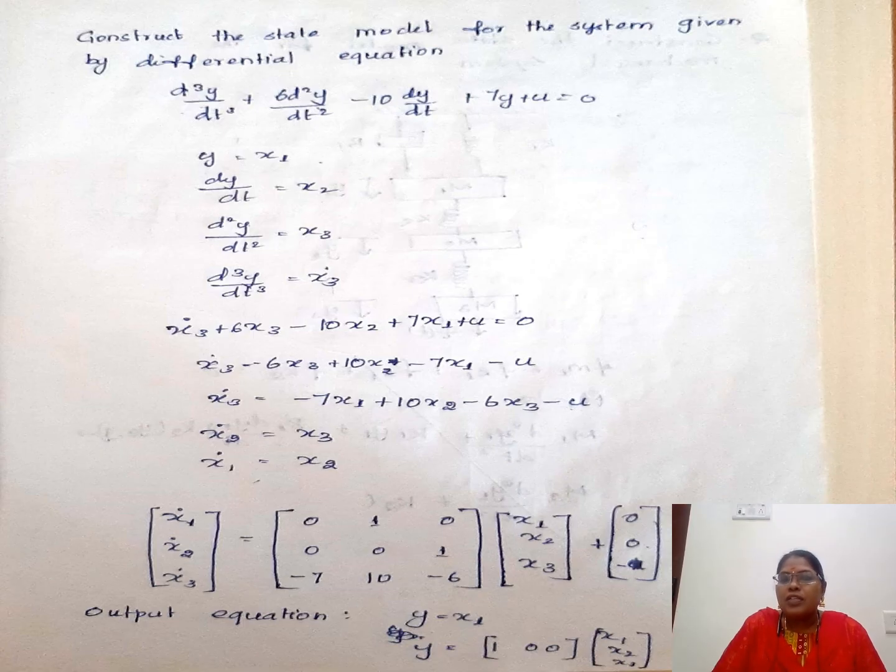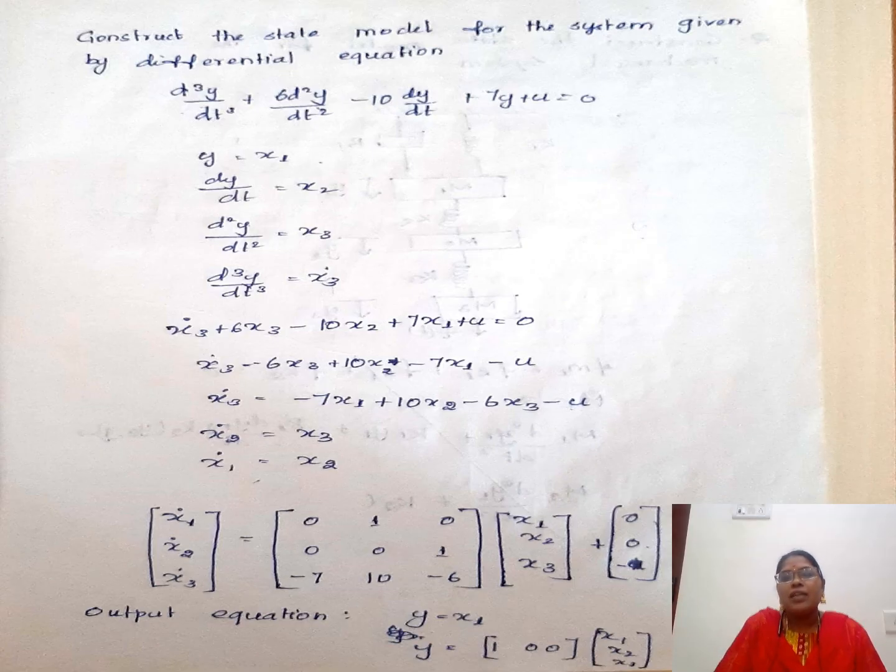I'm converting this entire equation into first order derivatives with state variables. Differentiating with respect to t, I'm considering that as x2. One more differentiation of this second one gives x3. Because this equation is a third order equation, I have to go up to d cube y by dt cube. But there's no need to take it as x4, since that would give more state variables and we need only the first order derivative.